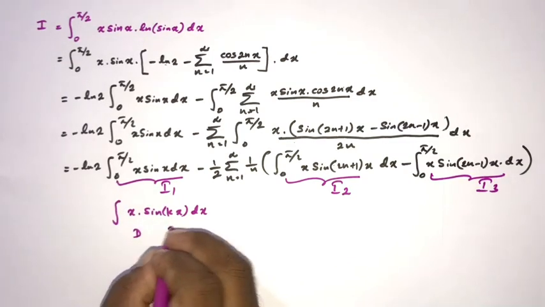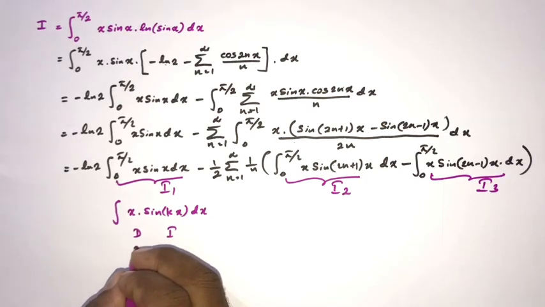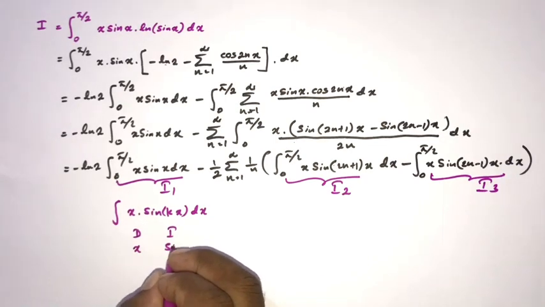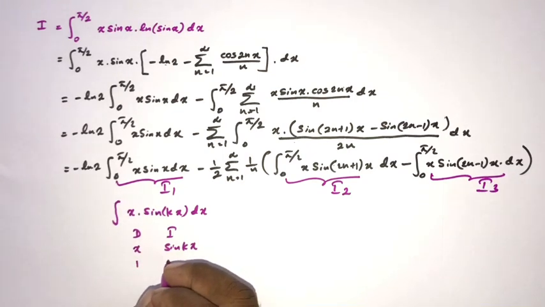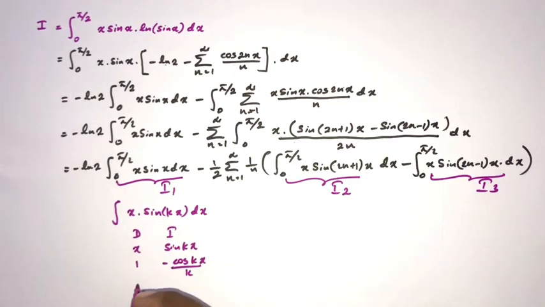So here D, then x, and I, sine of kx. The derivative of x is 1, and the integration gives minus cosine of kx over k, then 0, and again minus sine of kx over k squared, with signs alternating plus, minus, plus.